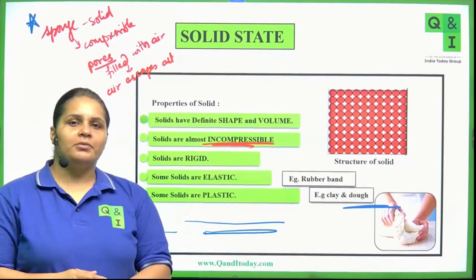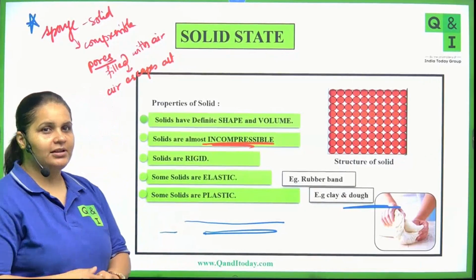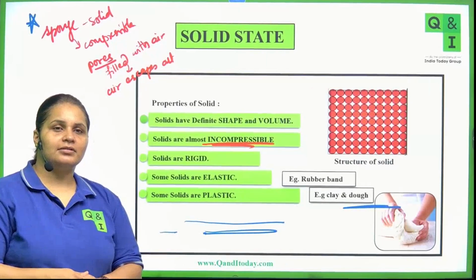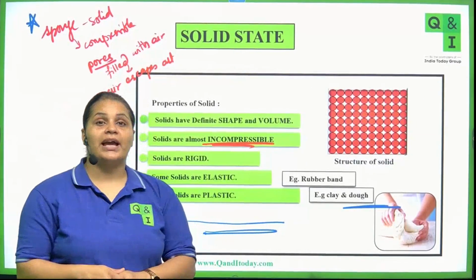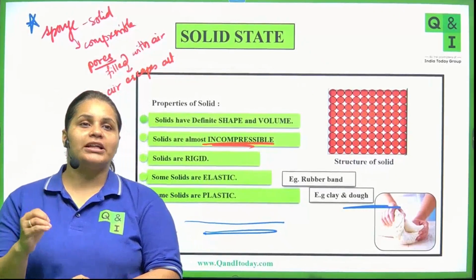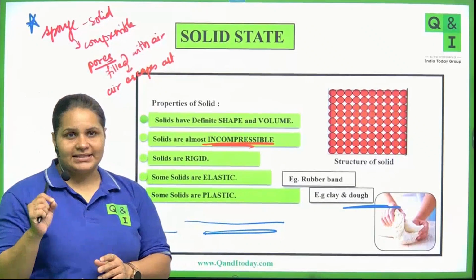Okay, so let me define it once again. Compressibility. Yes, Sanjeev wants to answer. You can unmute yourself, Sanjeev. The ability of a substance to be accommodated in less volume. Okay, that tendency of a substance to be accommodated in less volume is called compressibility.